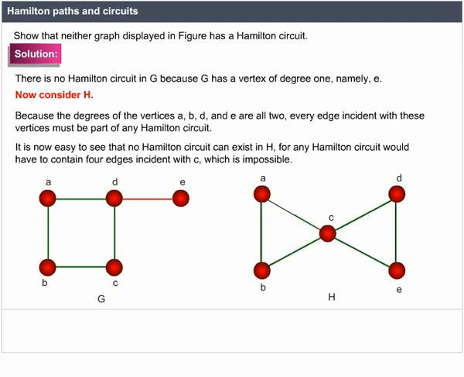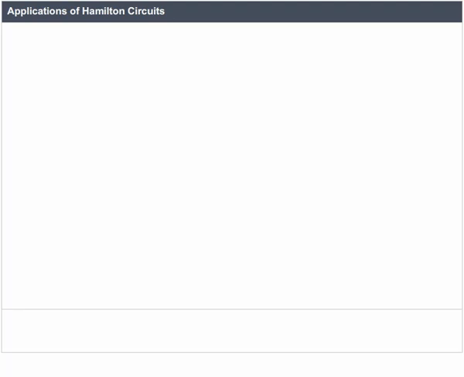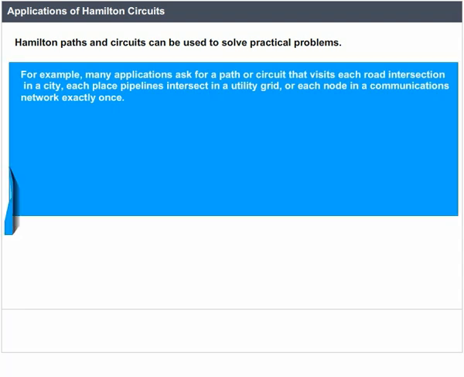Applications of Hamilton circuits. Hamilton paths and circuits can be used to solve practical problems. For example, many applications ask for a path or circuit that visits each road intersection in a city, each place pipelines intersect in a utility grid, or each node in a communications network exactly once.